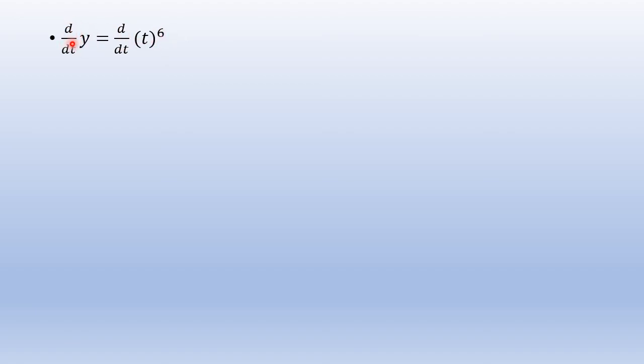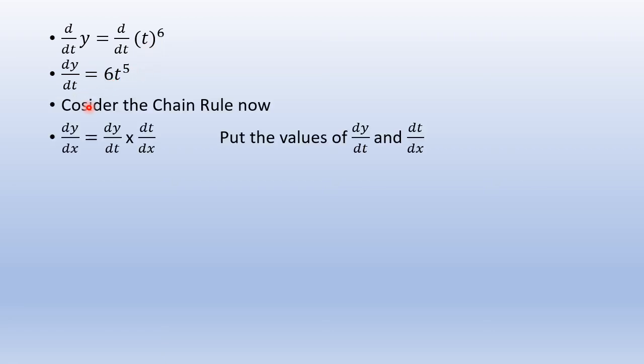This simply becomes dy/dt, and this becomes 6t⁵ by simple application of the power formula. Now we will write the chain rule. dy/dx equals dy/dt into dt/dx. Put the values of dy/dt and dt/dx. So dy/dt is 6t⁵ and dt/dx was 2(3x − 1).